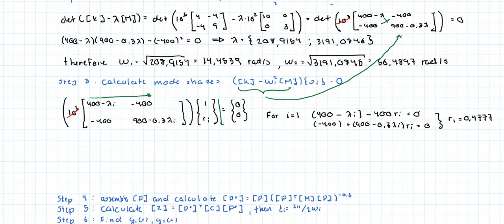Now, if we substitute, let's say, I equals 2, and actually here I wrote it with the sub I notation, so I'm not going to write it again, and you will get that r sub 2 is equal to minus 6.977. Okay.